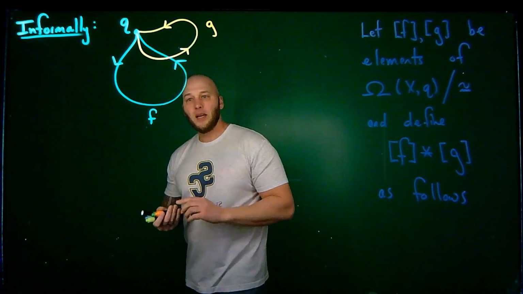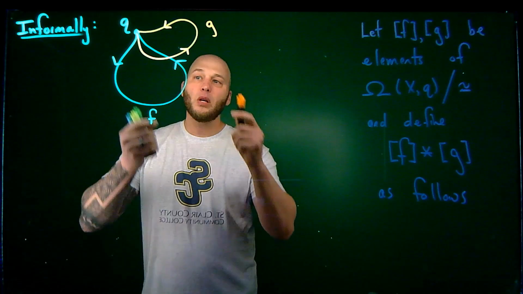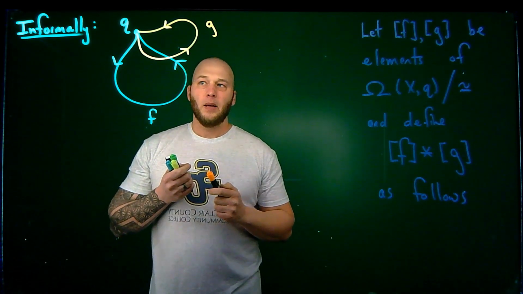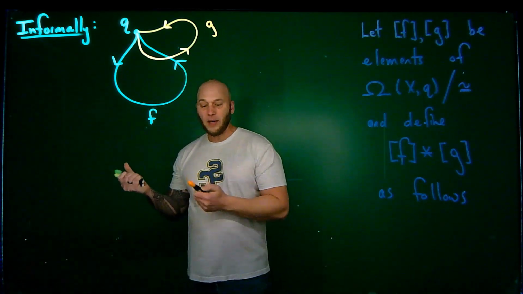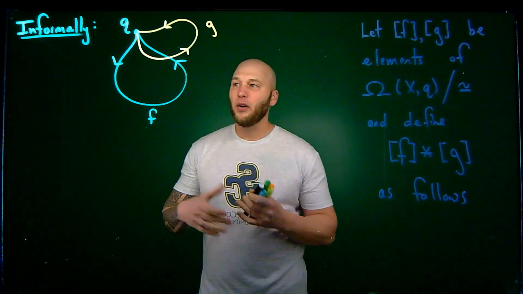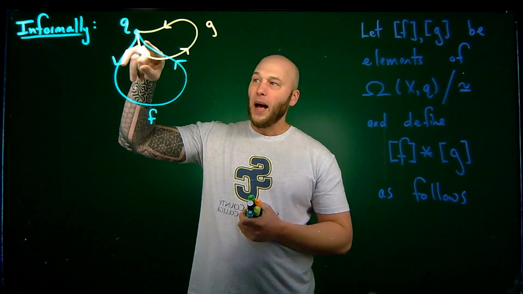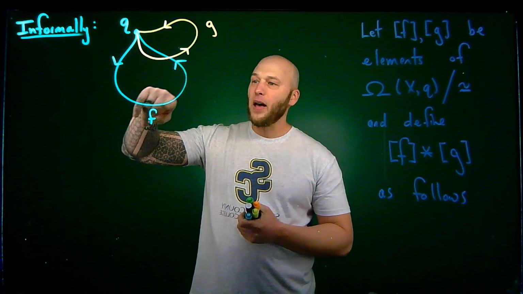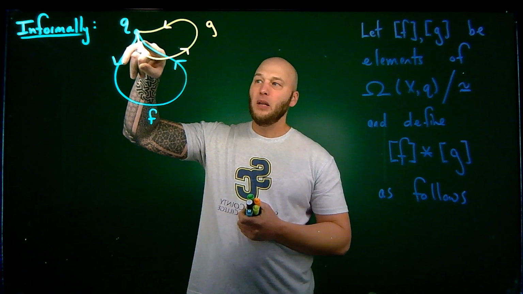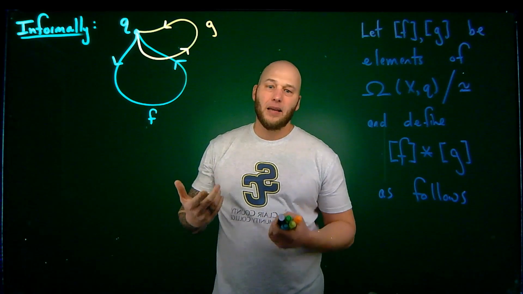But the idea is that I want to define a loop using both of these two. Before I write anything, let's talk through it. How could I come up with another loop that uses both f and g? Well, I could follow the path of f at double speed and then immediately follow the path of g, again at double speed.